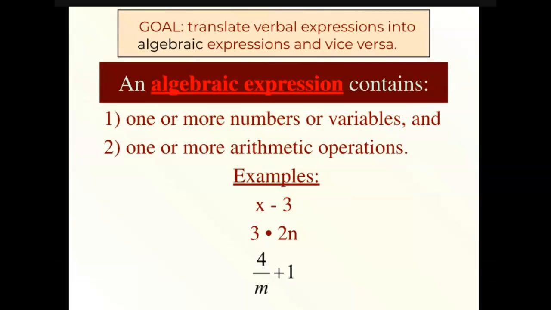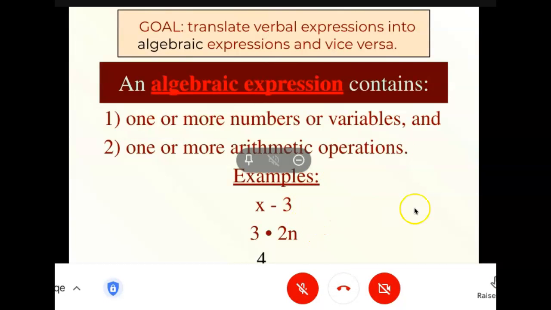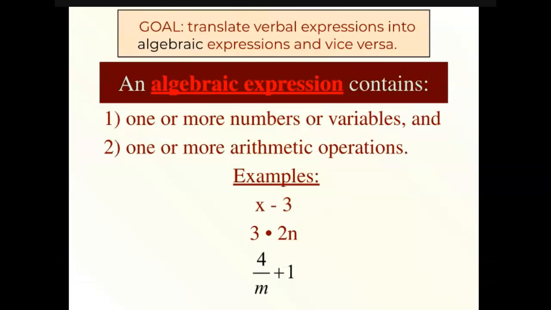All right, so Rimsha said it's times. That's correct. So if you look over here, these are examples of algebraic expressions. Okay, and it's not only limited to minus; it could also be plus. So again, it has one or more arithmetic operations.